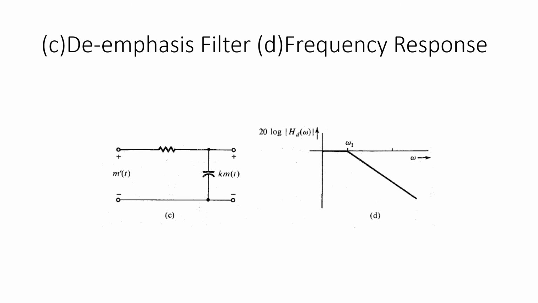This de-emphasis filter is acting as an integrator. We can see that in the frequency response of the de-emphasis filter. In this way, the implementation of the pre-emphasis filter and de-emphasis filter protects higher frequencies of the information signal from the channel interference. Thank you.